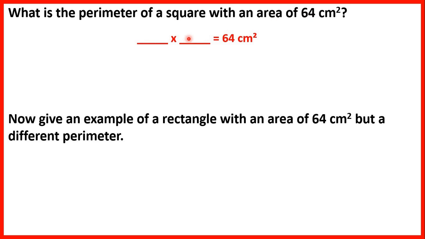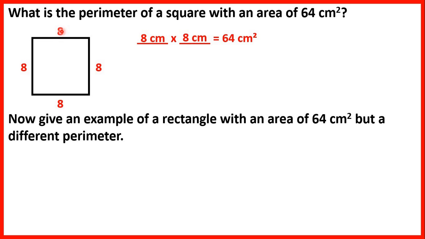To find the area of a square, we multiply the length of one side by itself. So something times something is 64, and it's a square, so it has to be the same number. So 8 times 8 is 64, and that means the length of each side of our square is 8 centimeters.